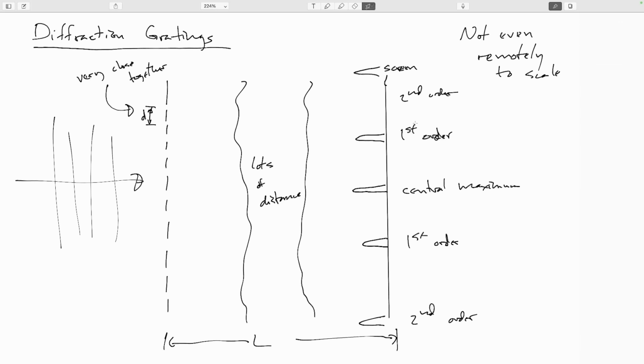So the idea is exactly the same as Young's experiment. The difference is that in Young's experiment, for a typical lab setup, all the angles are really small. With diffraction gratings, by design, the distance between lines in the grating is ridiculously small, so we can't use the small angle approximation anymore.